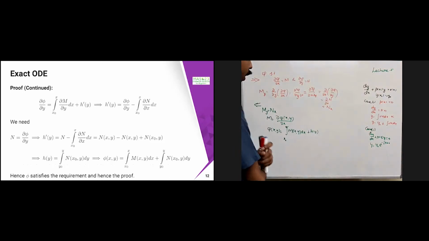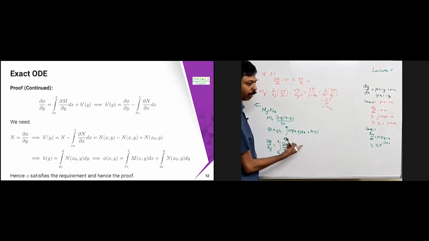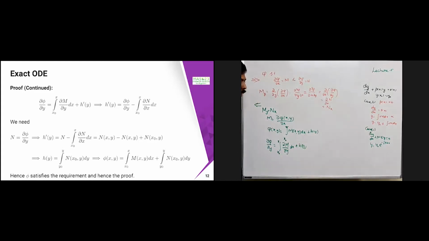So now I take partial phi by partial y, which is nothing but N. So partial phi by partial y equals the integral from x naught to x of partial M by partial y dx, plus I have to differentiate h of y also, which is a single variable, with respect to y only. Therefore this is h prime of y.